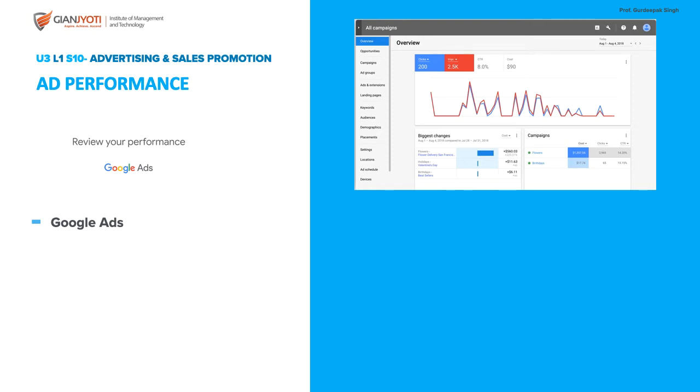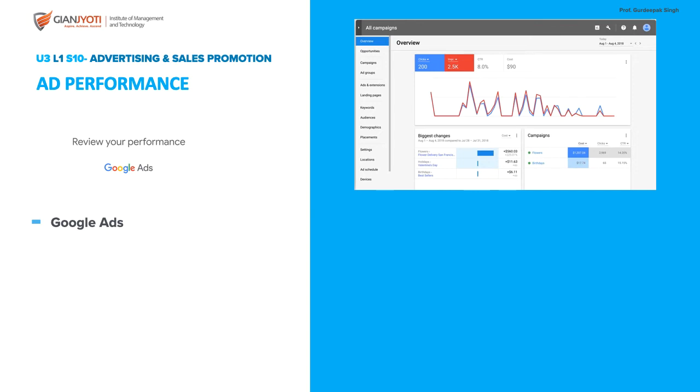If we talk of Google Ads, this is their ad manager. On the left, you have the campaigns, ad groups, so all the details are there. And then you have different parameters which you can see on top.